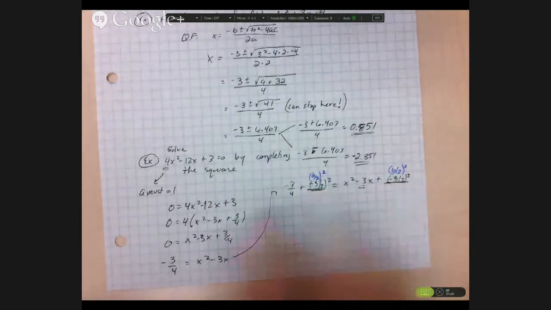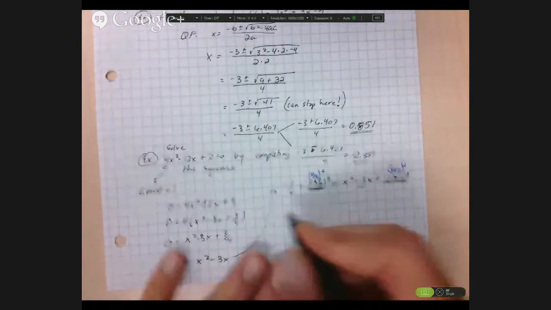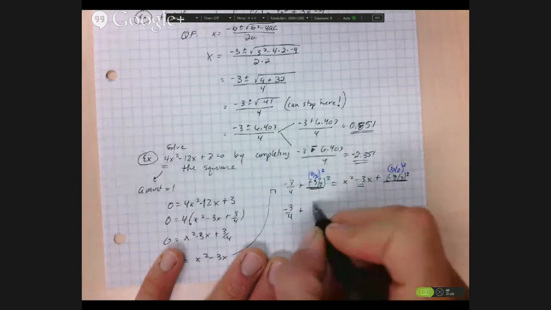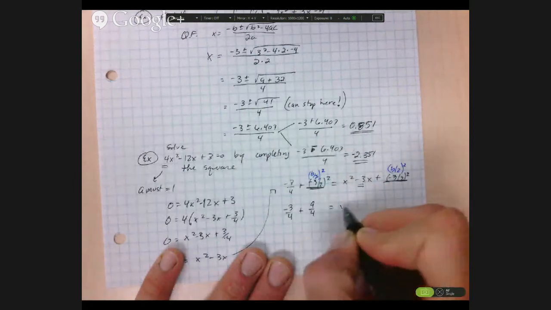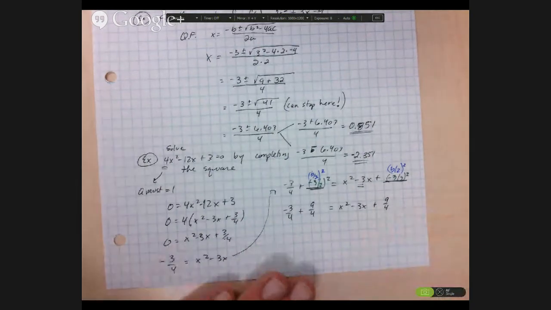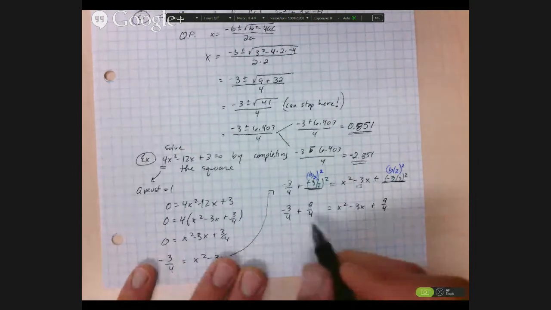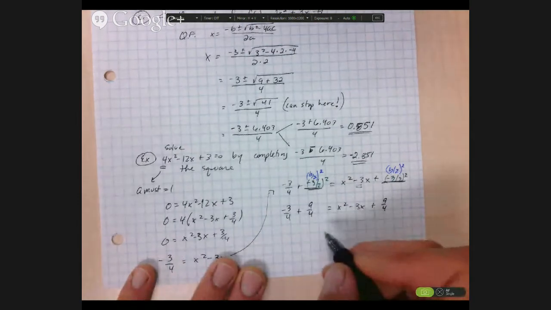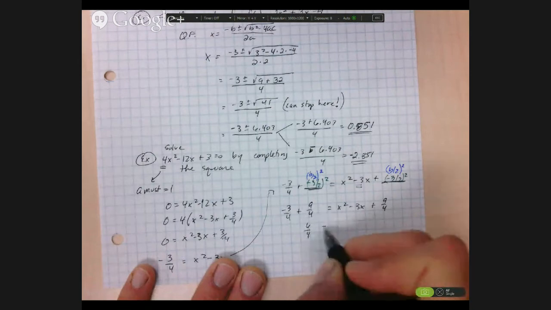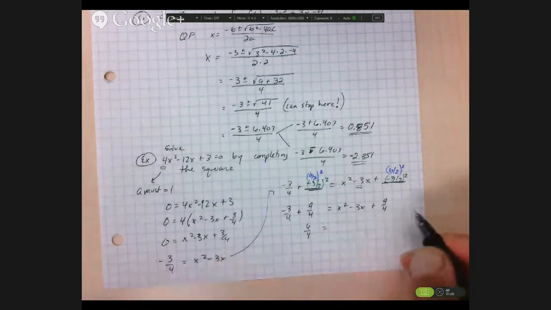I have to do it on both sides to keep the equation balanced. Now I rewrite it. This side I can simplify to 6/4. This side I can now factor.